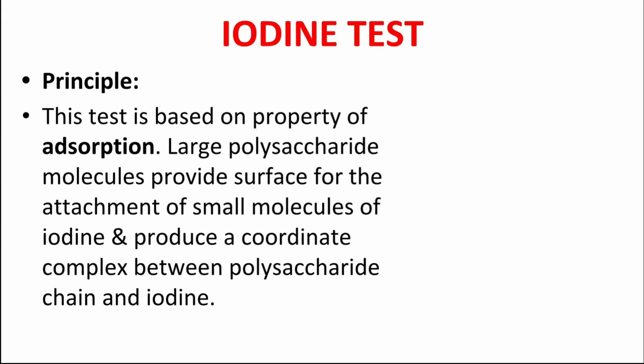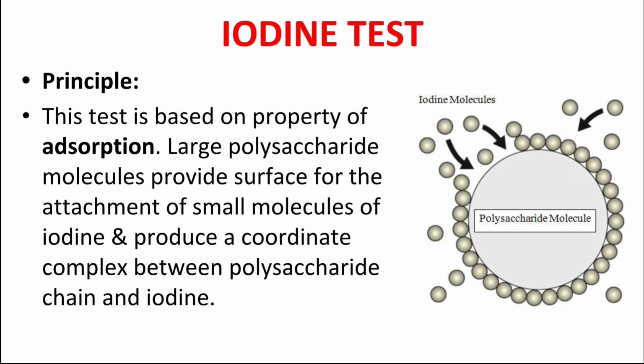What happens here is large polysaccharide molecules provide surface for the attachment of smaller molecules of iodine, and this process is known as adsorption. Now these smaller molecules, when combined with the larger molecules of polysaccharides, create a coordinate complex between the polysaccharide chain and iodine.